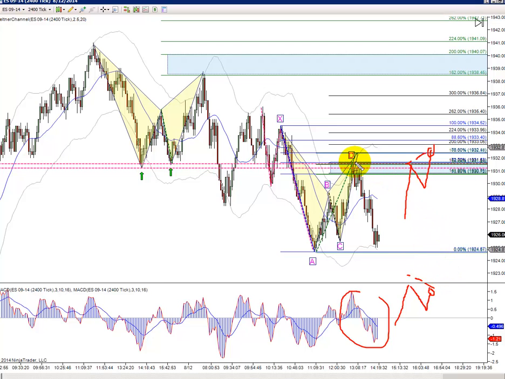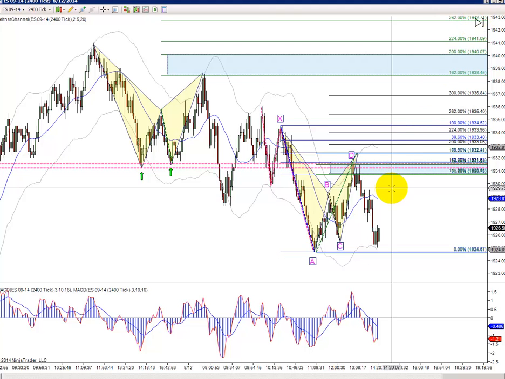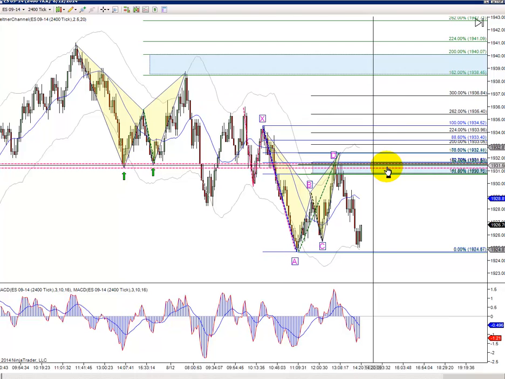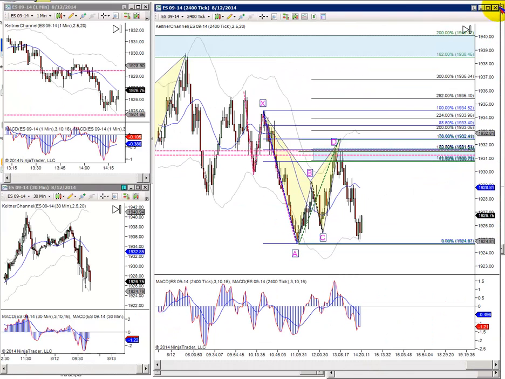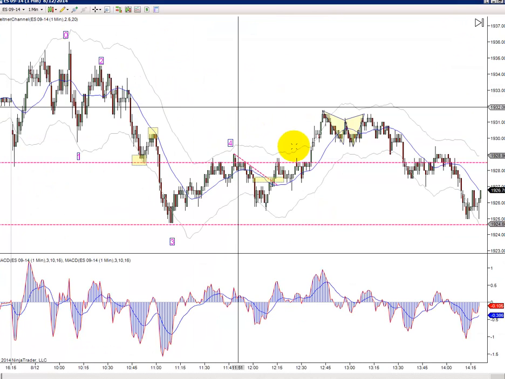And that's a filter to help you get into a trade. The other trick, this is what we're going to look at. Keep in mind, this would be considered the higher time frame, and we're going to reduce that chart. Now we're going to look at a 1 minute chart, a much lower time frame.